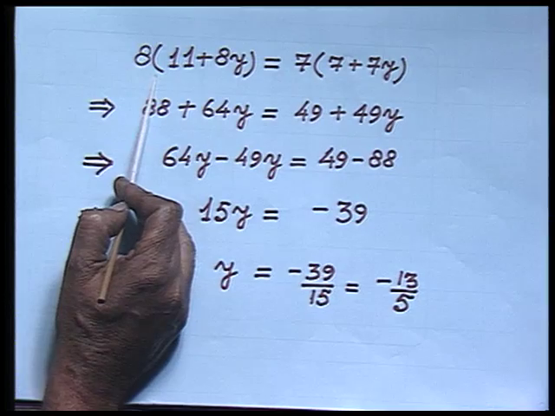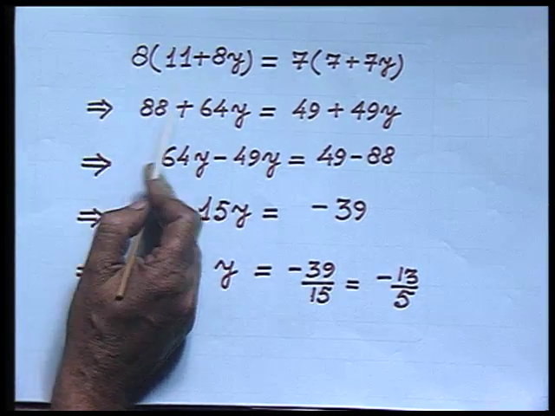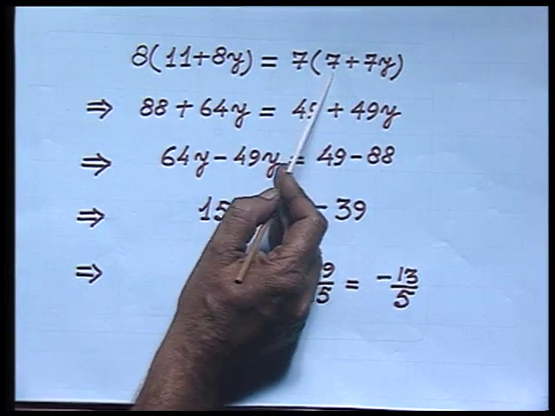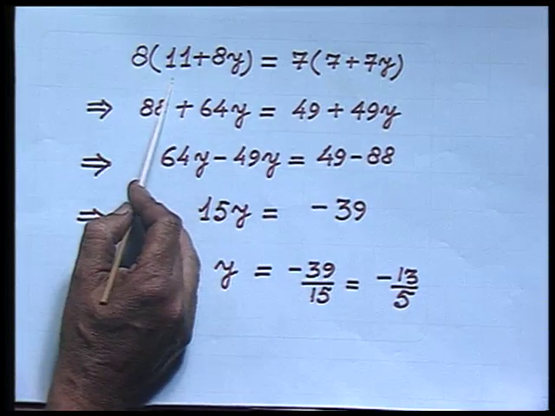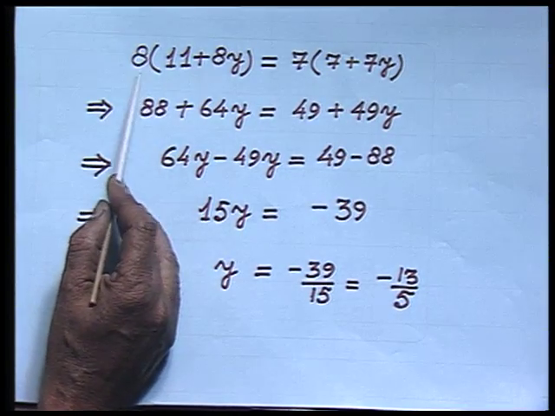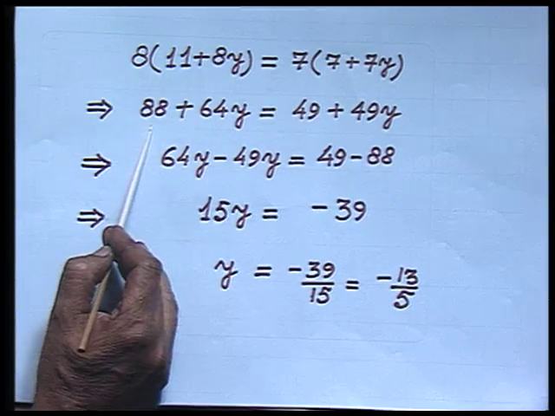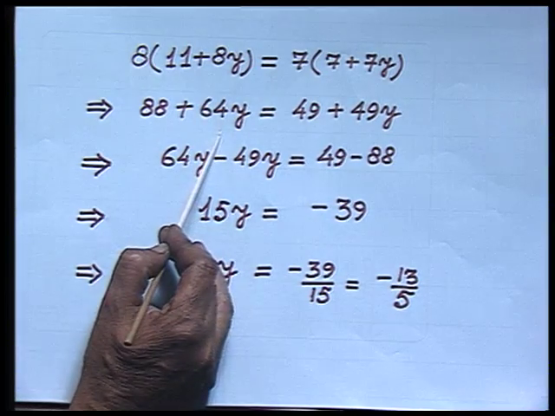Now we got these equations in the simplified form, and now we go ahead to get the value of y from these equations. Now here is the equation, 8 times 11 plus 8y equals 7 times 7 plus 7y. To open the brackets, we make use of distributive law, that is 8 times 11 is 88, and 8 times 8y is 64y.